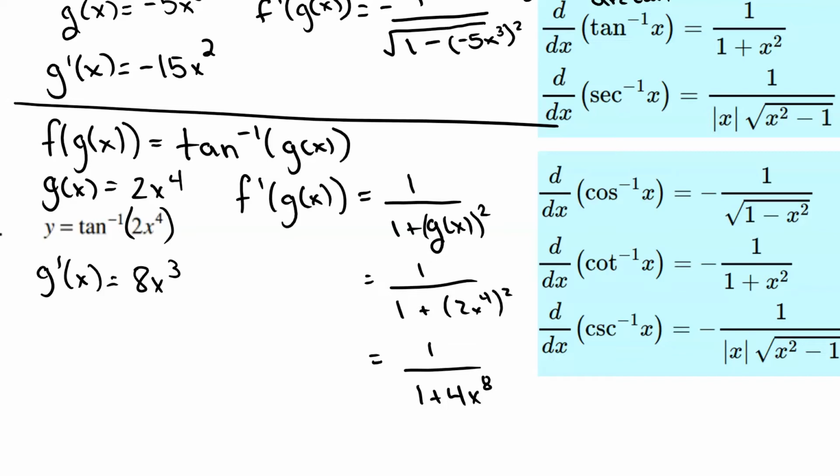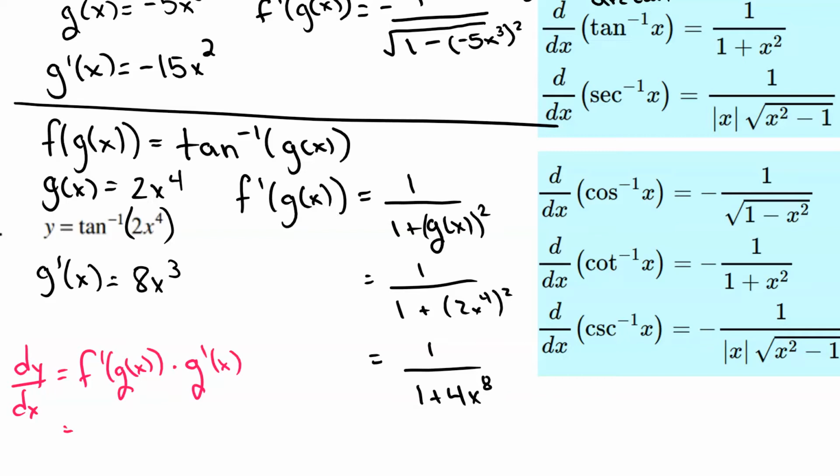We've just done our derivative of the inside, 8x to the third, and we're now at the step where we're ready to find our overall derivative by multiplying the derivative of the outside, with the inside remaining the same, times the derivative of the inside function.